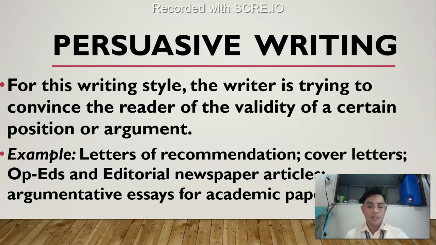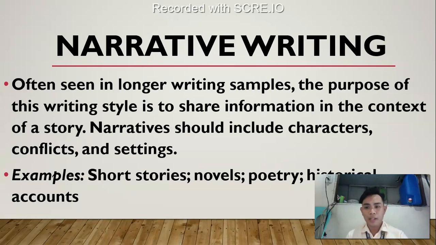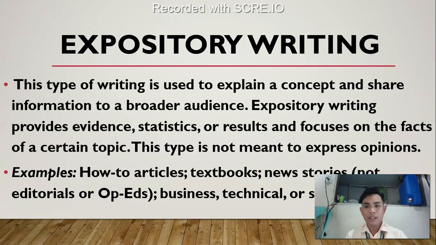All right, so let's proceed to expository writing. This type of writing is used to explain a concept and share information to a broader audience. Expository writing provides the evidence, statistics, or results and focuses on the facts of a certain topic.